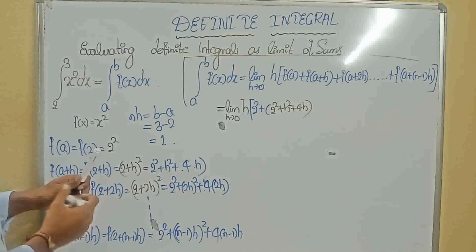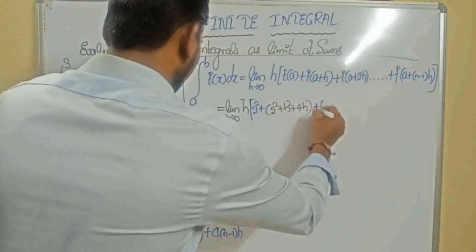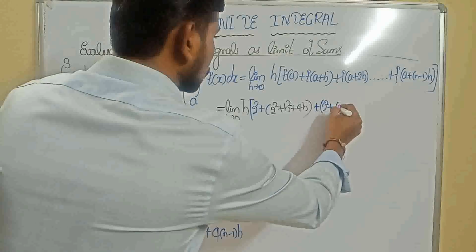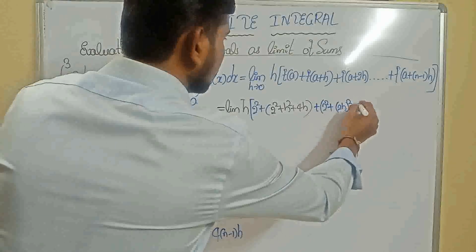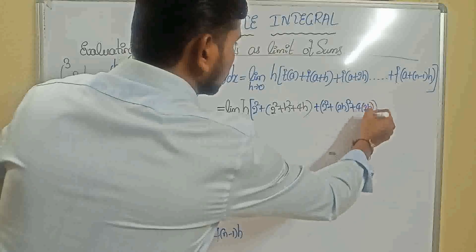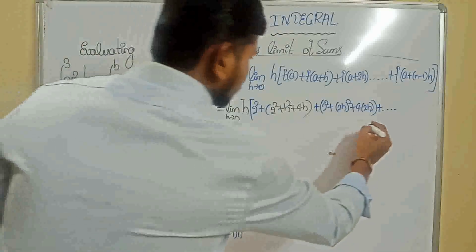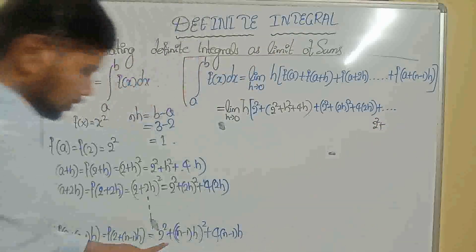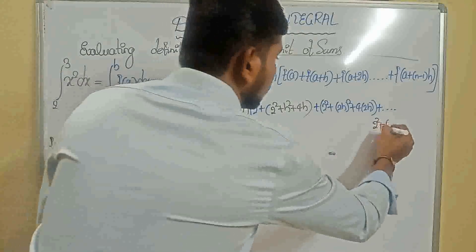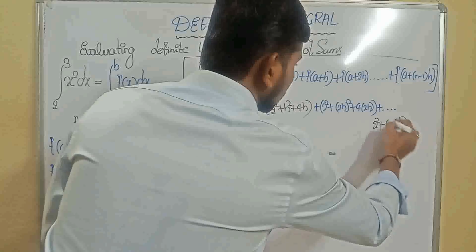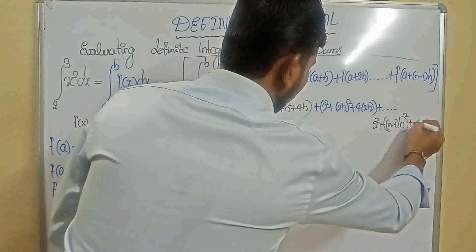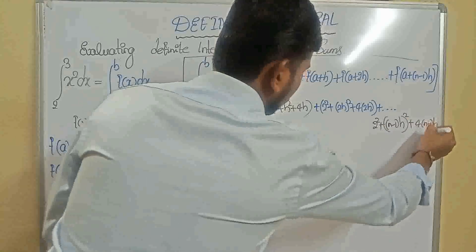After that, the next term will be 2 square plus (2h) whole square plus 4 into 2h. Plus, the last term is 2 square plus ((n minus 1) into h) whole square plus 4 into (n minus 1) into h.